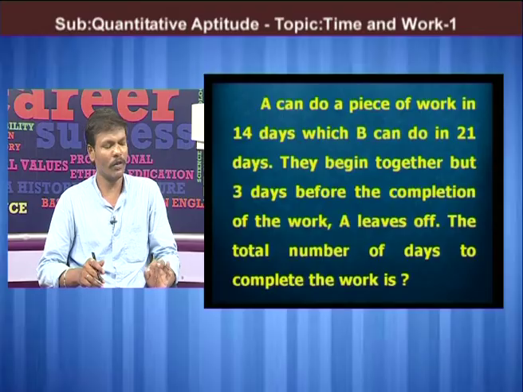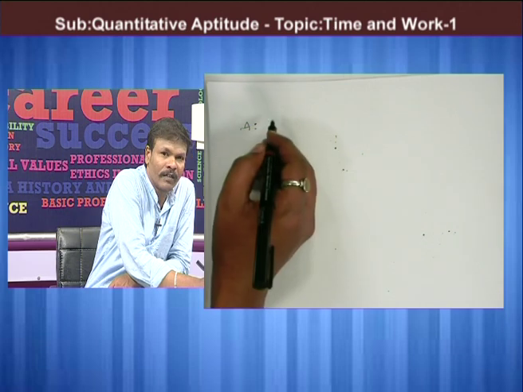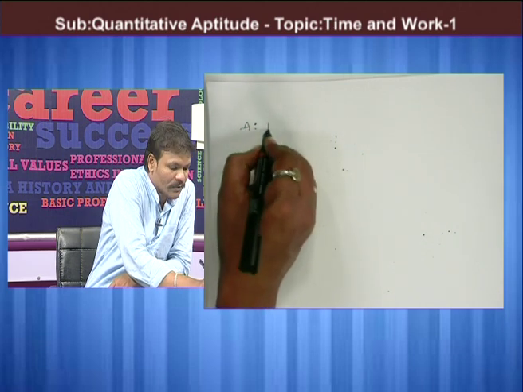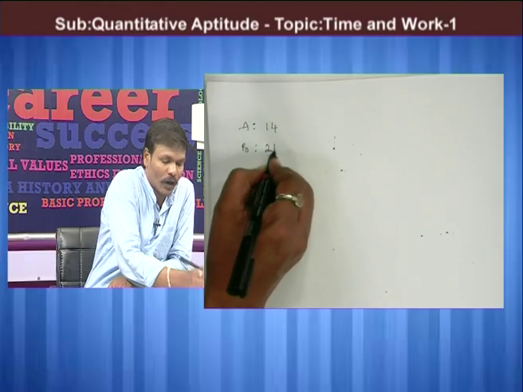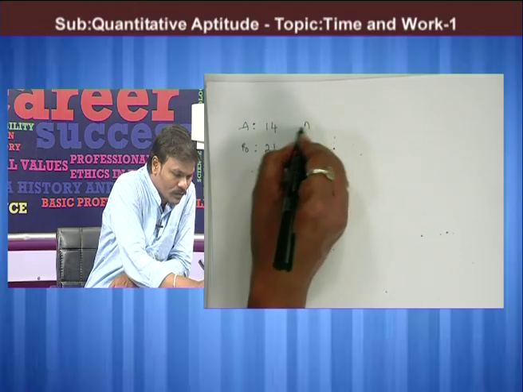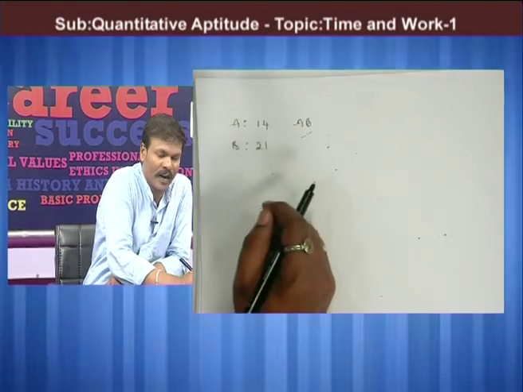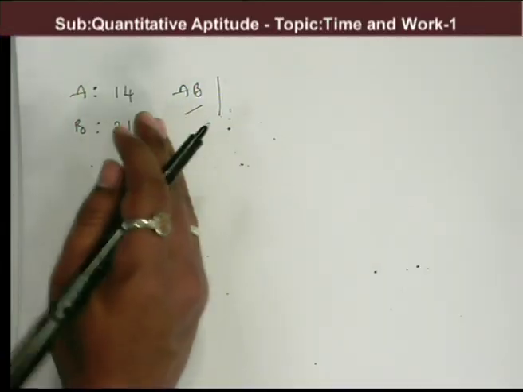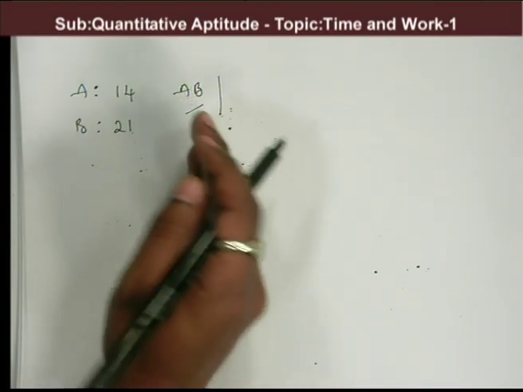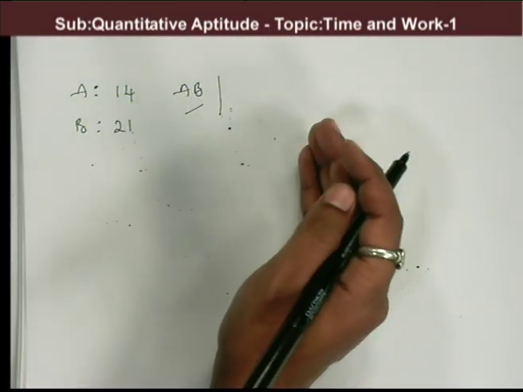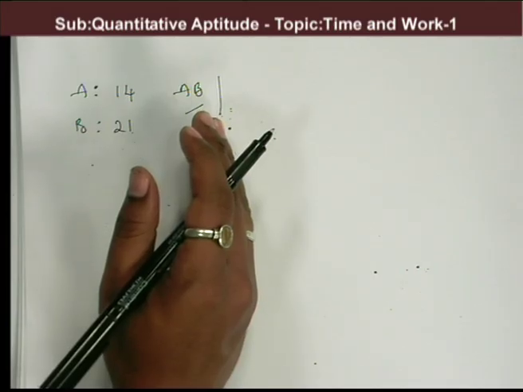When we observe this question, A completes the work in 14 days, B completes the work in 21 days. You see, A and B are working together for some days, we do not know how many days they are working. The work will be completed, and for the last 3 days, A has left the job.